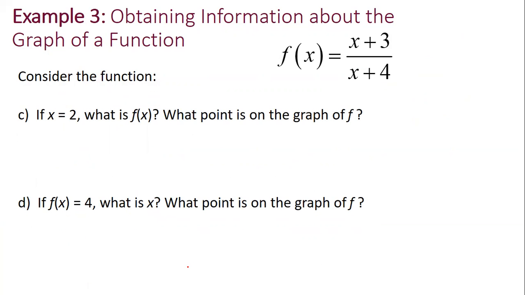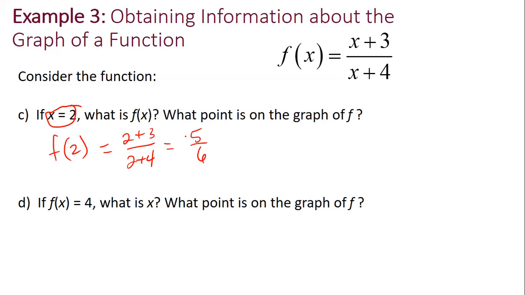So still using the same function. If x equals 2, what is f of x? When it's telling me a domain value, that's just function notation. So I'm looking for f of 2. F of 2 means wherever there is an x, I'm substituting in a 2. So we have 2 plus 3 over 2 plus 4, which gives me 5 over 6.